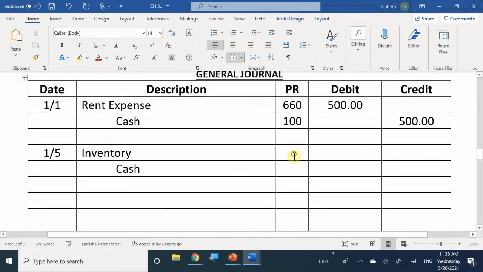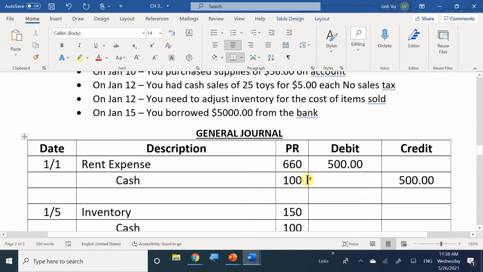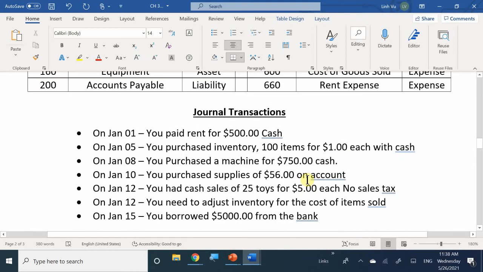So inventory is account number 150 and my cash here is 100. Now, let's look at the scenario one more time. If I purchased 100 items at $1 each, how much am I purchasing inventory for? 100. $100. For $100. Good.